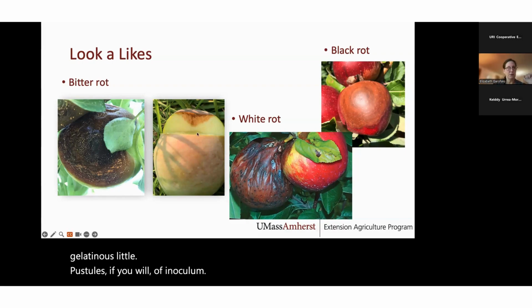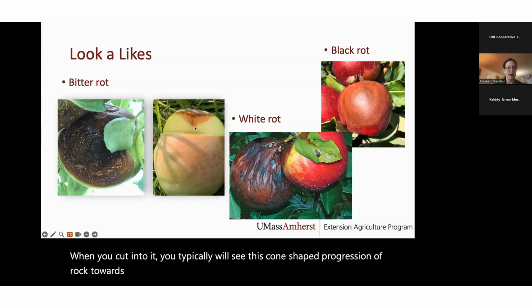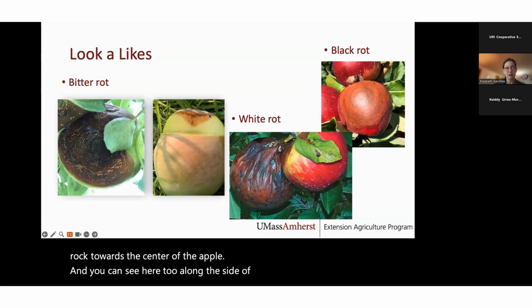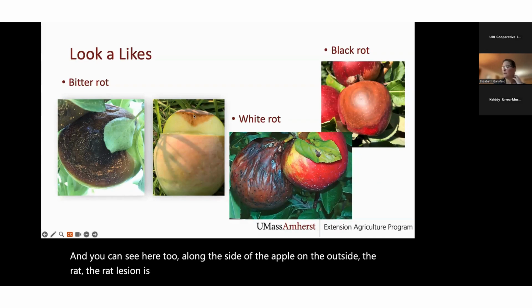When you cut into it, you typically will see this cone-shaped progression of rot towards the center of the apple. And you can see here too, along the side of the apple on the outside, the rot lesion is flat. Whereas with your white rot, it stays round.